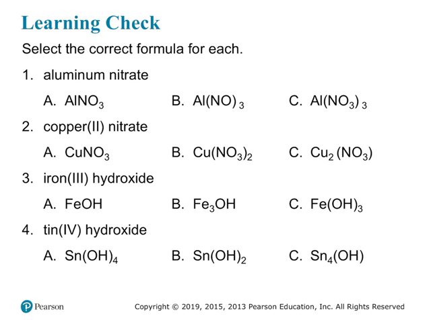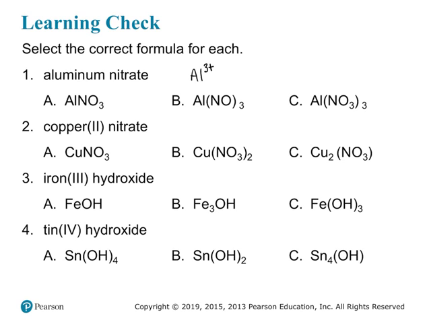Okay, so let's do a practice problem where we select the correct formula for each of the following names. So let's do the first one together. Aluminum nitrate. Okay, so aluminum is in group 3A, so its charge is 3 plus, and that's one of those metal ions that always has the same charge. And then nitrate.